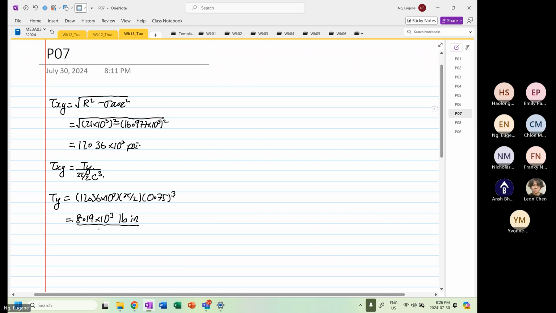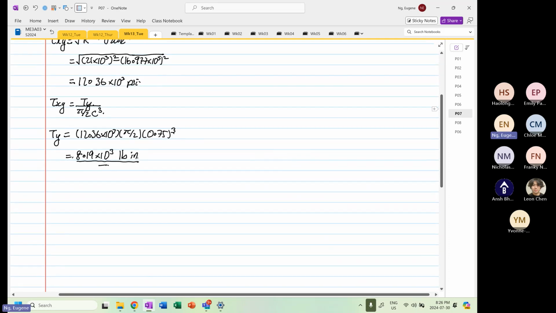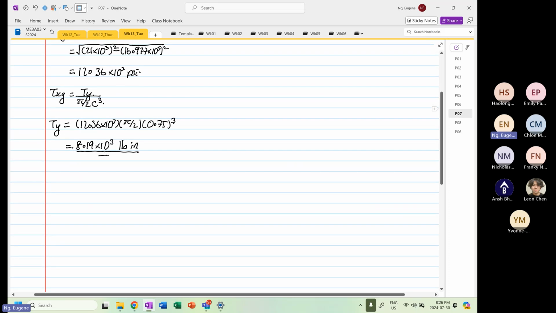Okay. And then also we still have to check. Okay, what do you mean by check? We have to check our stress A and stress B values. Okay, so this will be equal to minus 16.977 times 10 to the power 3 plus or minus the radius, which is 21 times 10 to the power 3.